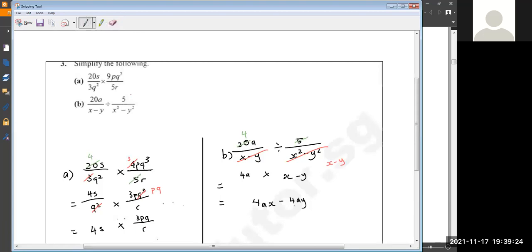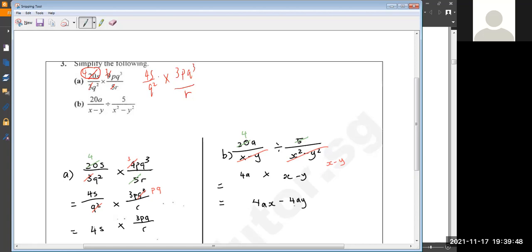Over here you have 20, then you cancel with the 5, so you have 4 left. The 9 and the 3, you have 3 left. So you can simplify it before you go to the next simplification. You are left with 4s, and then below you have q squared left. And then here you get 3pq, and then you have r.